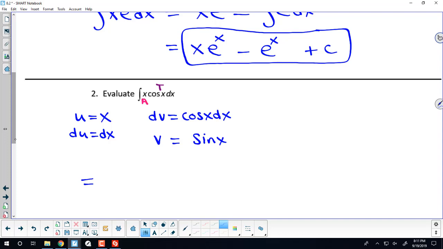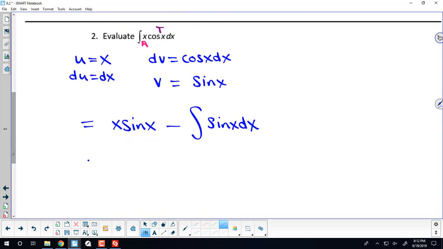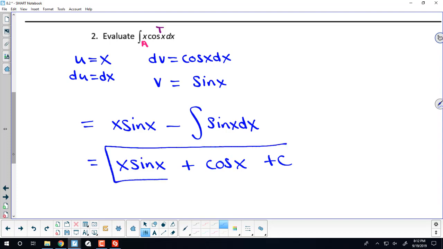So we have u times v, x times sine x, minus the integral of v du. And the antiderivative of minus sine is cosine. Anybody have any questions on that?